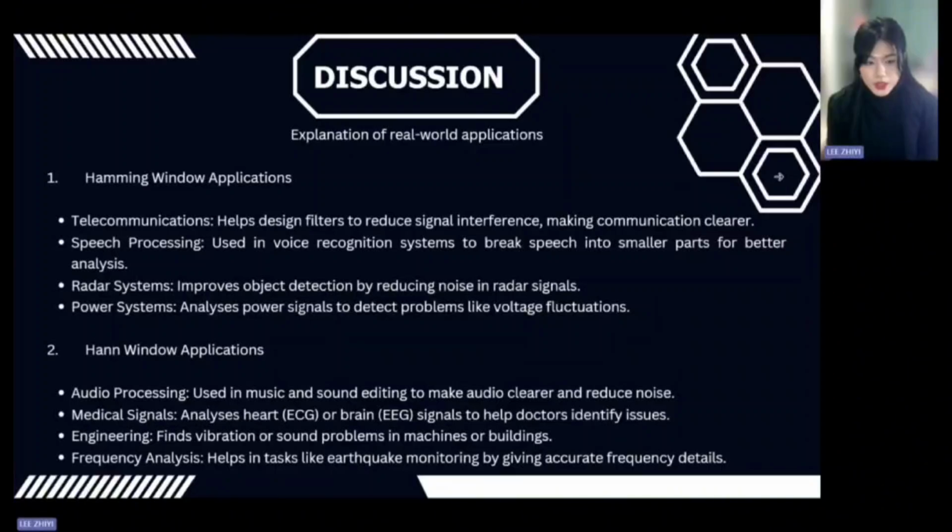Another one is medical signal analysis, such as heart ECG or brain EEG signals, to help doctors identify issues. Engineering: finding vibrations or sound problems in machines or buildings. Frequency analysis helps in tasks like earthquake monitoring by giving accurate frequency details.